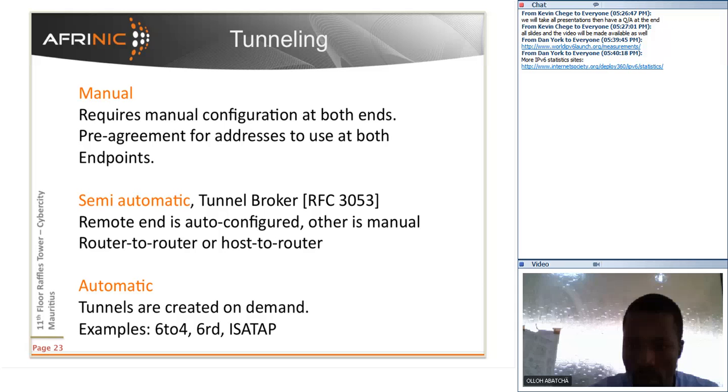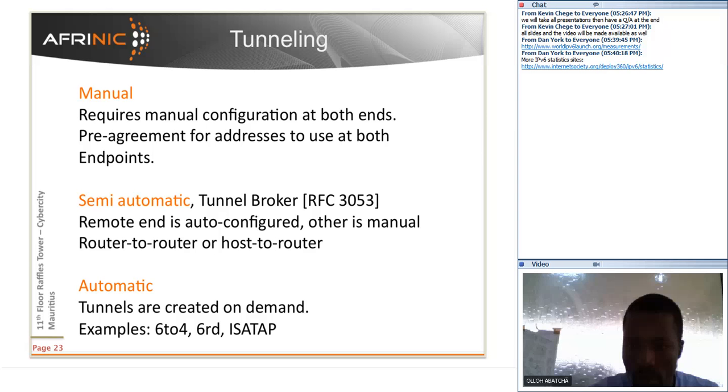Last kind of tunneling is automatic tunneling. There's a bunch of different kinds. There's 6RD, 6to4, and these tunnels are created on demand. So let's say you're running a DSL network and you want your customers to actually have IPv6 connections without configuring manual tunnels. 6RD would actually do that for you.